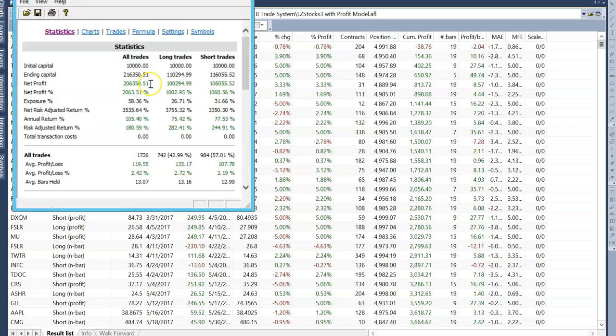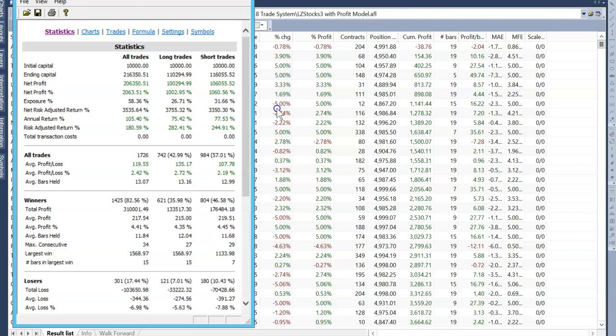Oh my goodness. Using the same period, 4 years, and the same $10,000, we now have over $206,000. Our annual return is 105%, and the risk adjusted is now from 100 to 180.